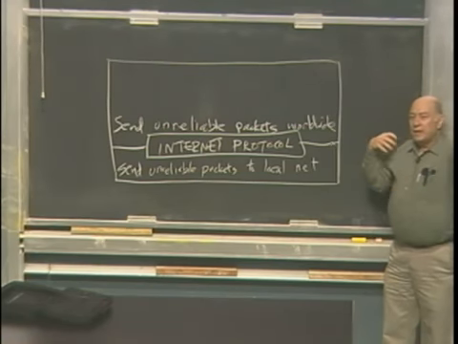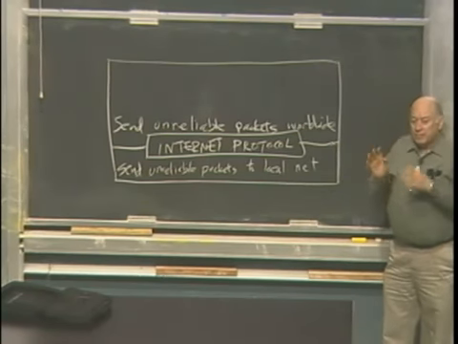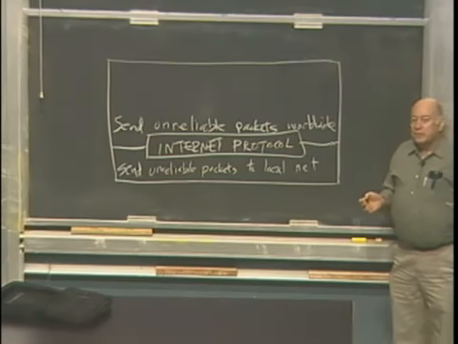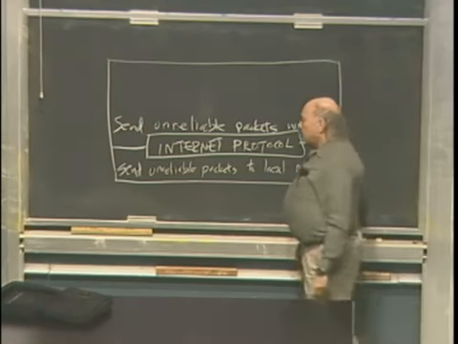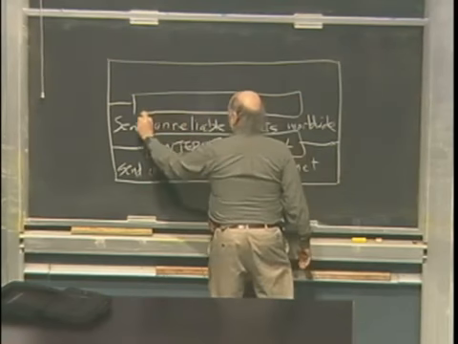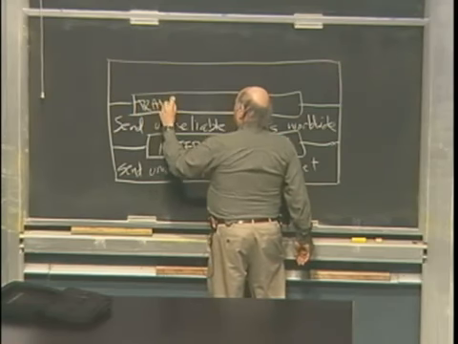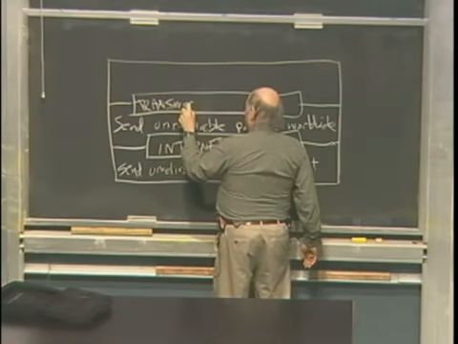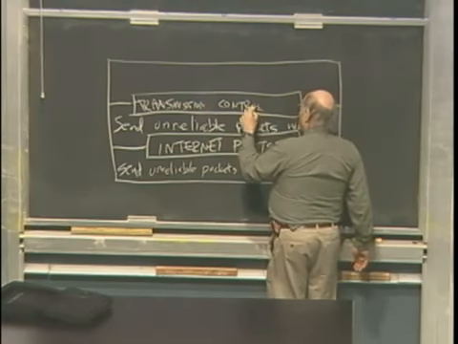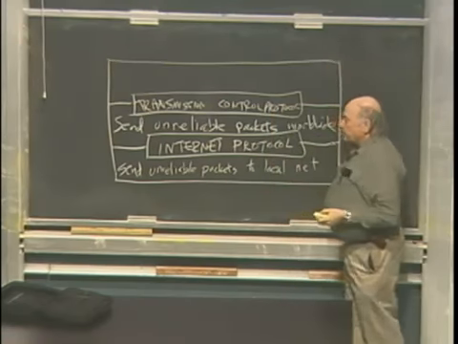But if you're trying to send a big file over the net, it gets divided up into little chunks, and if some of the little chunks get there and some don't, that's not so good. So now we have the Transmission Control Protocol, TCP.